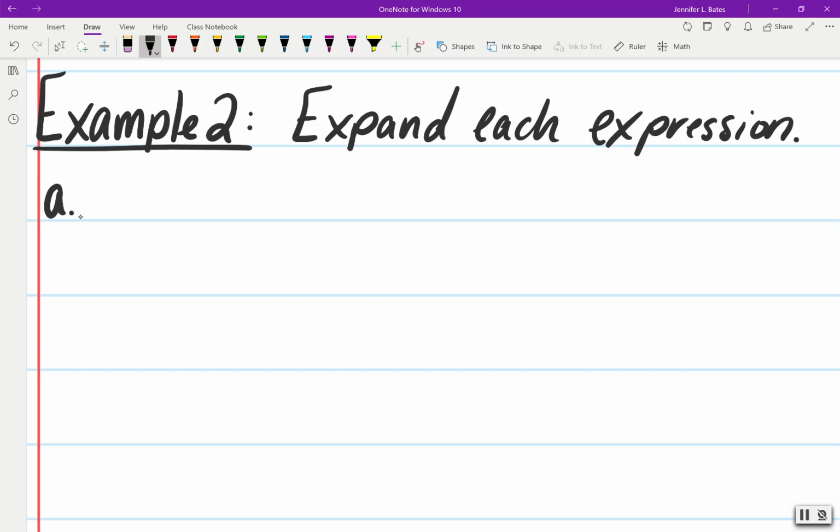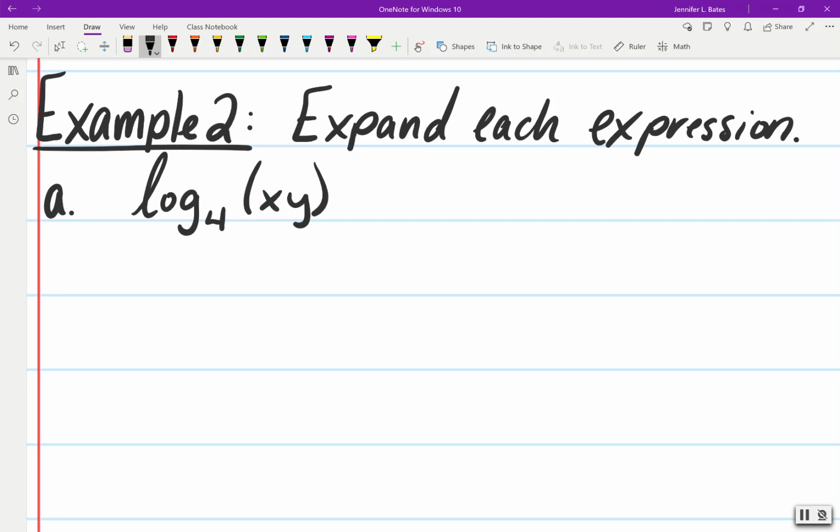All right, so here in problem A, we are given log base 4 of xy. So what we're doing is working backwards from what we did last time. Last time we had multiple logs and we rewrote it as 1, and now we have 1 and we want to rewrite this as multiple logs.